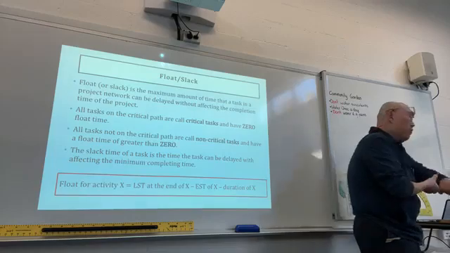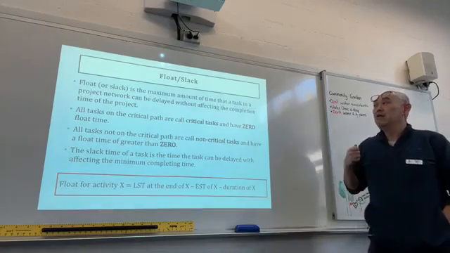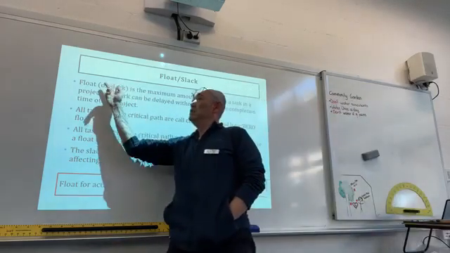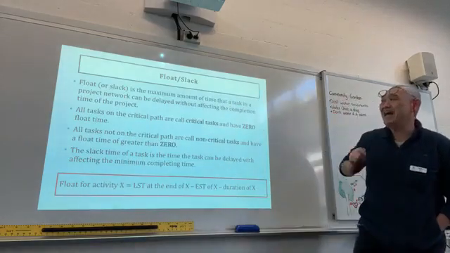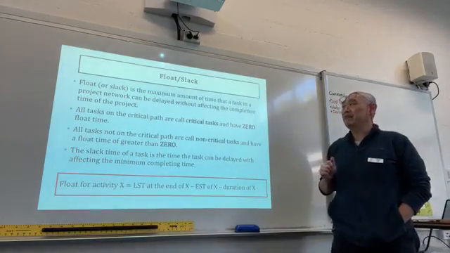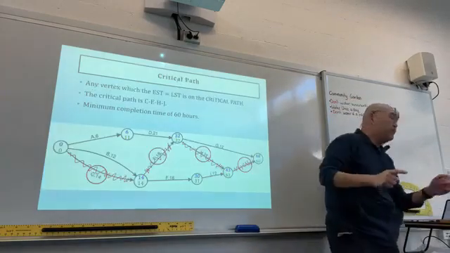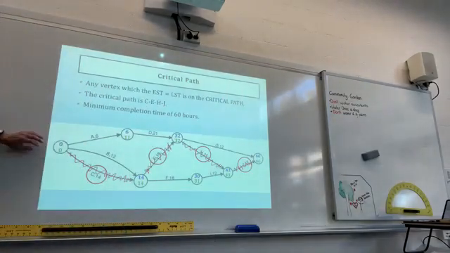Alright? Now, I'll talk about float or slack. Float or slack, these 2 words are interchangeable, is the maximum amount of time that a task in the project can be delayed without affecting the completion time of the project. So if you go back to the previous one, B, let's say everything started at about 8 a.m. in the morning.